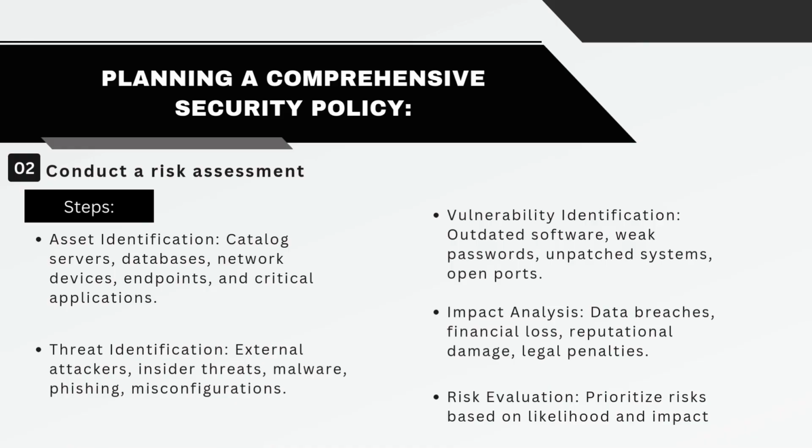The third one is vulnerability identification. It also includes outdated software, weak passwords, unpatched systems, or open ports. The fourth one is impact analysis, which includes data breaches, financial loss, reputational damage, and legal penalties. And the last step is risk evaluation, which prioritizes risks based on likelihood and impact.